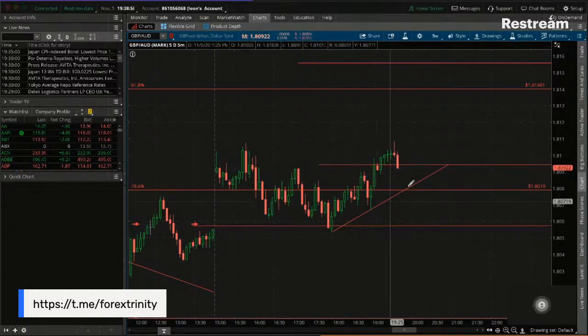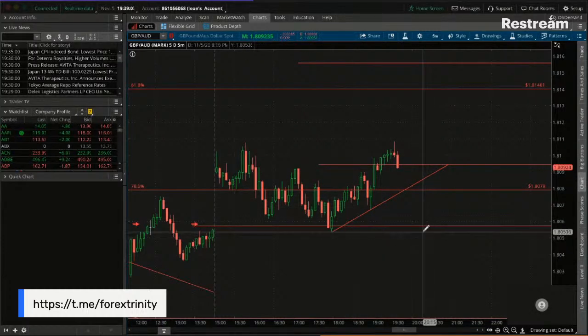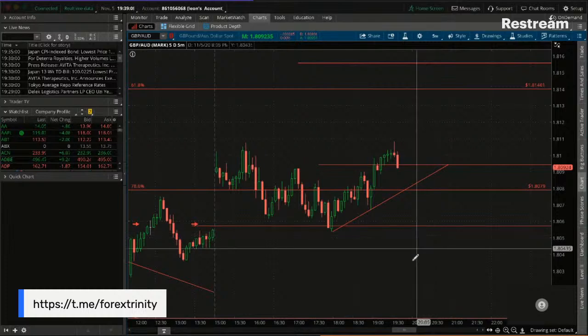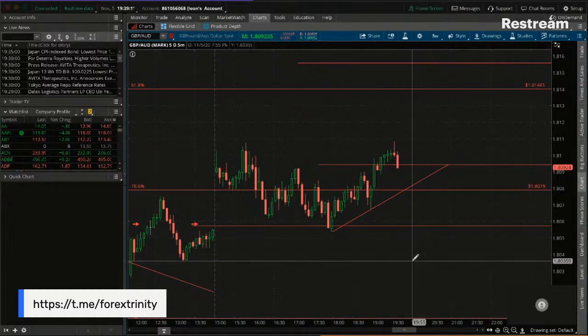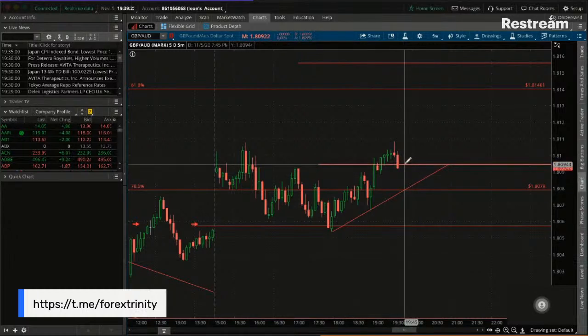You want to see if it breaks this trend line, passes through here. Oh, got about 45 seconds. Oh, there it goes. Looks like it's going to go under it.